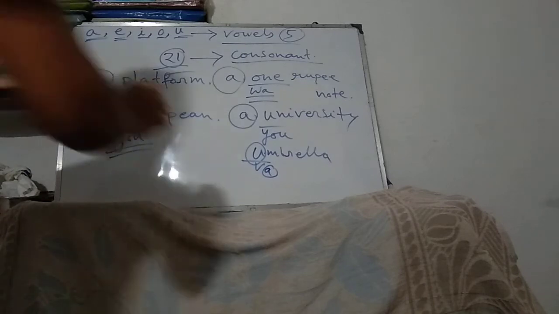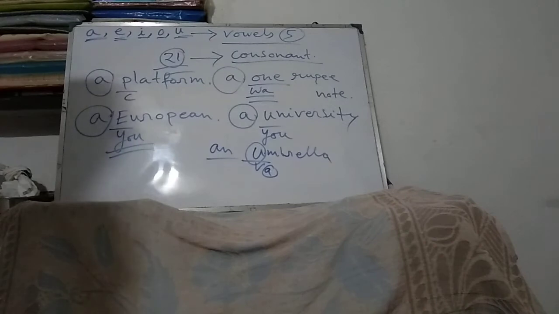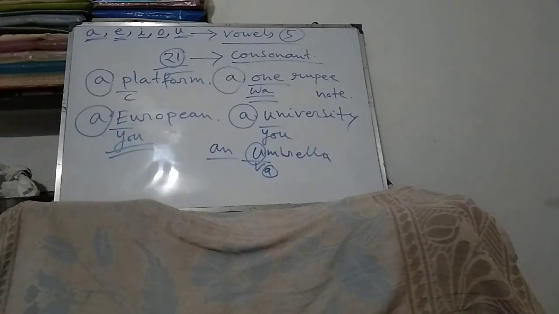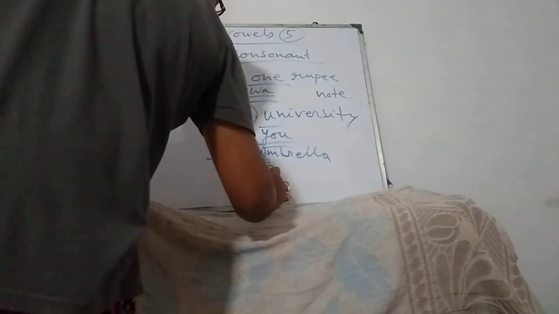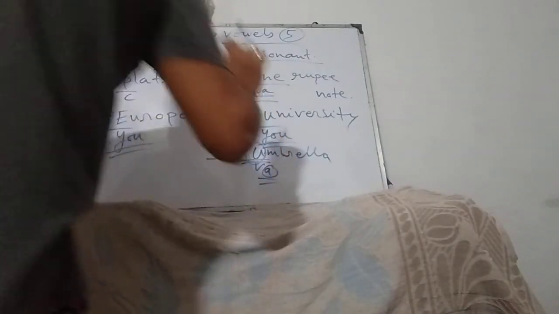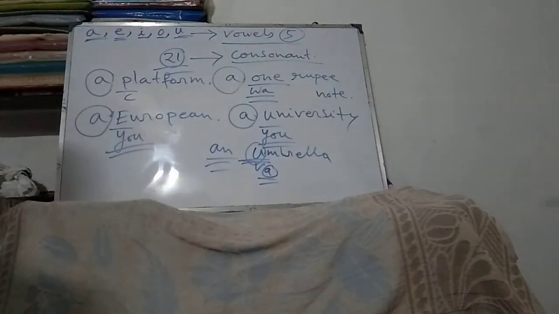That's why before umbrella, an should be used: an umbrella. But a university, because here U is pronounced like U, not like a real vowel. That's why an. In your book some rules are already given.